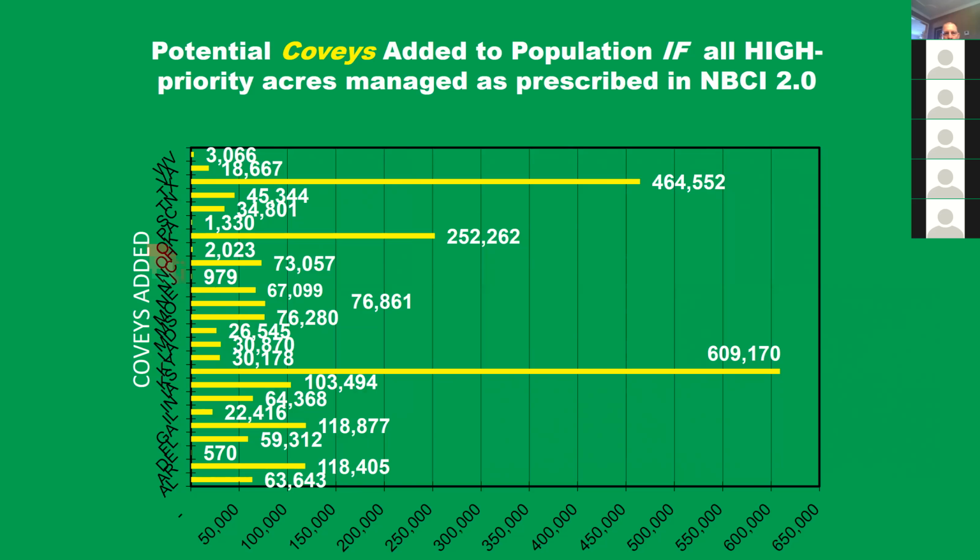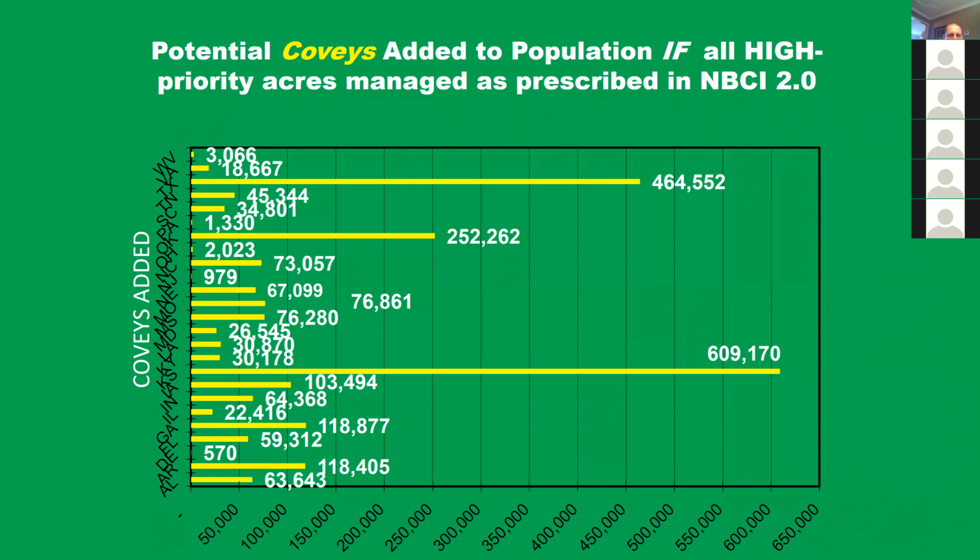These are potential coveys added to an existing quail population if all the high priority acres managed as prescribed in NBCI 2.0 are implemented. On the left axis, our state agencies are kind of crowded together there, with the number of coveys added. But the 4.9 million coveys boils down to something like this when you look at it at a state level.